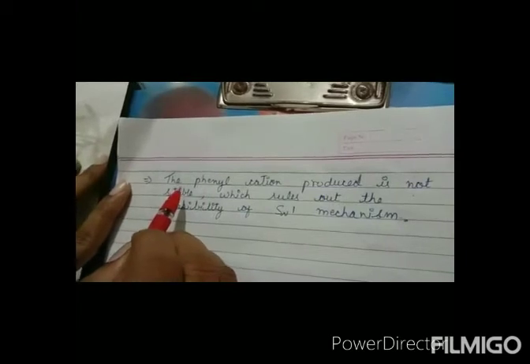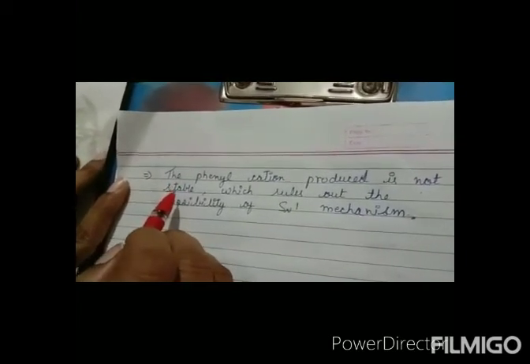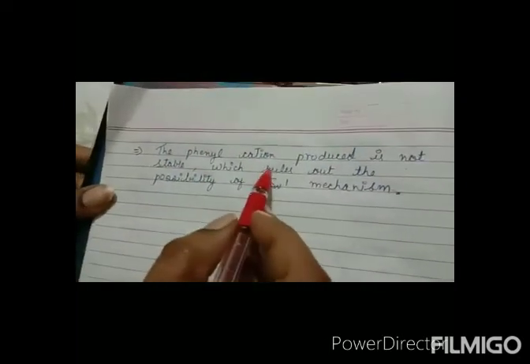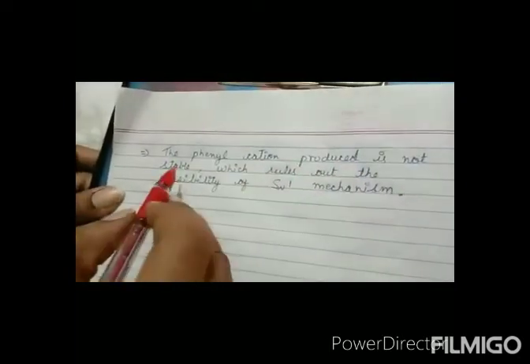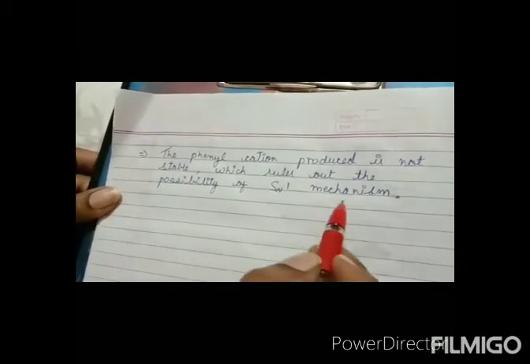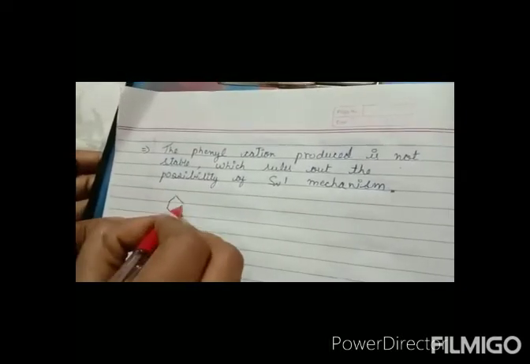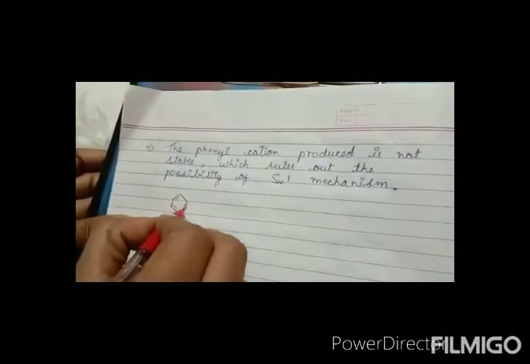The next reason for the low reactivity of aryl halide towards nucleophilic substitution reaction is that the phenyl cation produced is not stable, which rules out the possibility of SN1 mechanism. Now, we have taken the example of chlorobenzene.